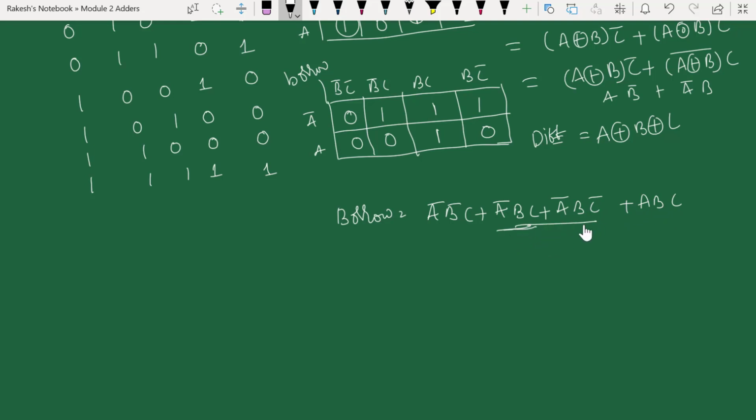A bar b is common from these two terms, that means a bar b times (c plus c bar), and I'm going to write it as a bar b bar plus ab times c.